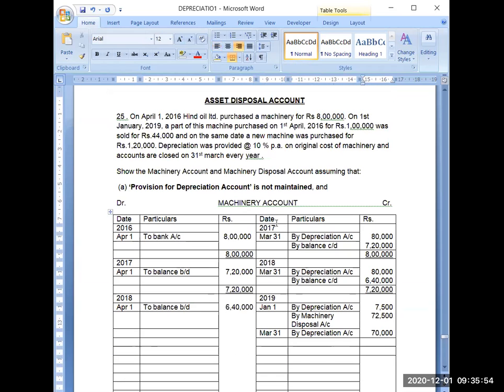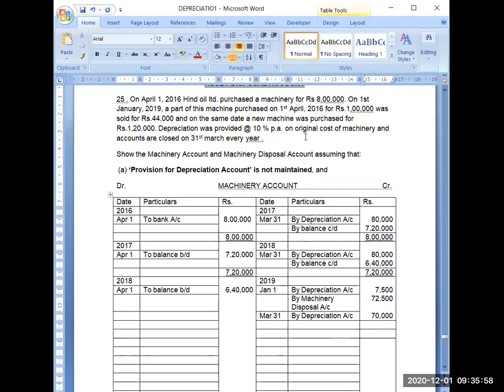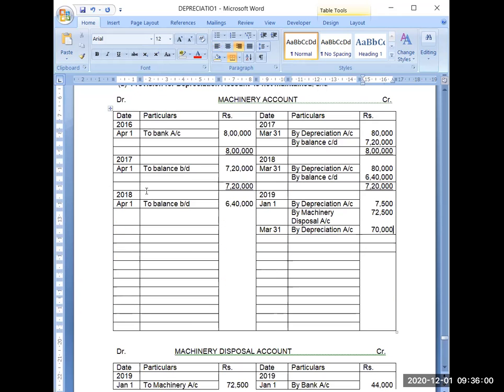For this machinery we have calculated the depreciation, but we have purchased one more machine of 1,20,000 on the same date. So January 1 to bank account 1,20,000. We will calculate its depreciation also.